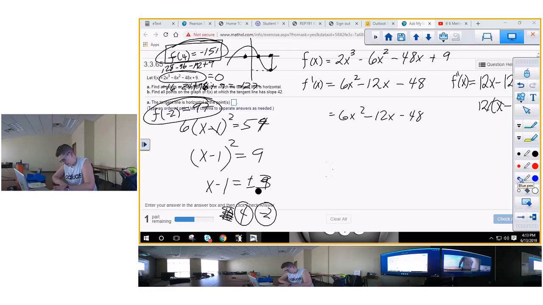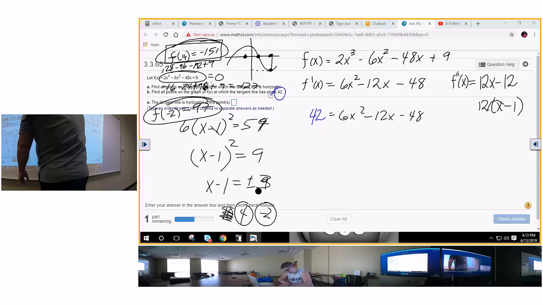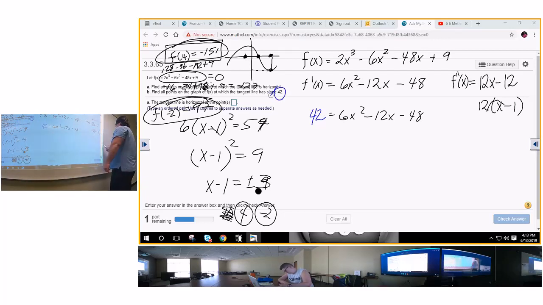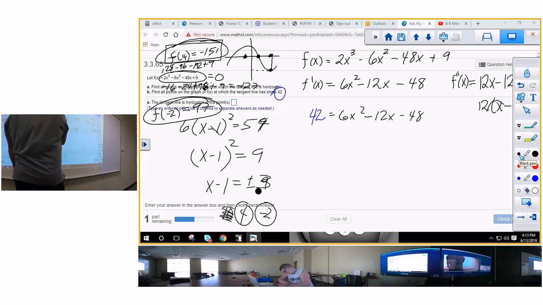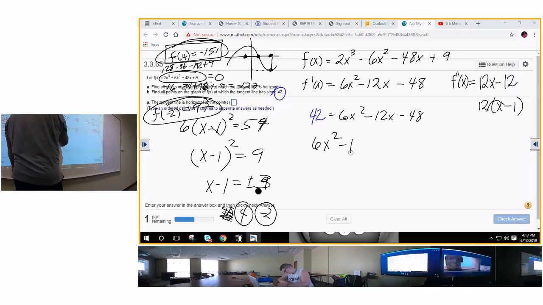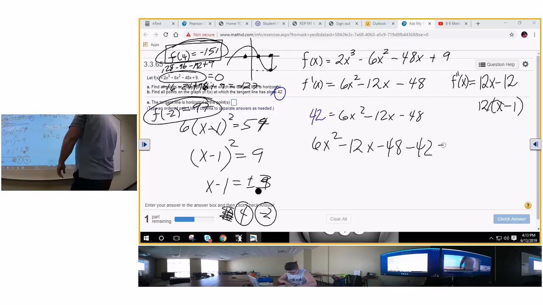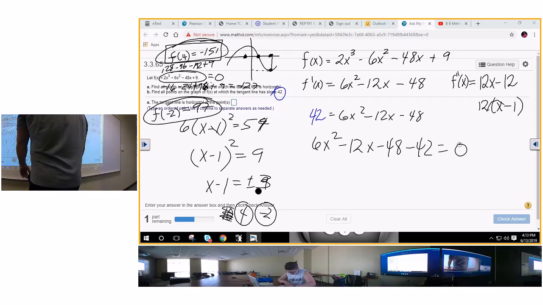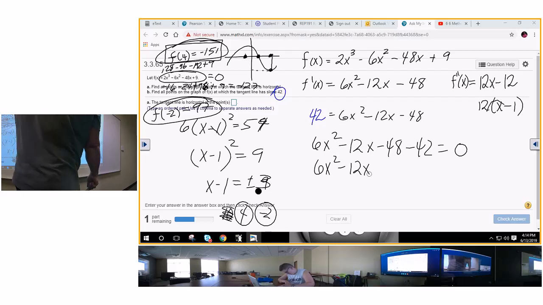So now I'm going to set it equal to 42, because that's what it says to. So 6x squared minus 12x minus 48 minus 42 is equal to 0. 6x squared minus 12x, what is that? Negative 90? So bring it over, it'll be a what?